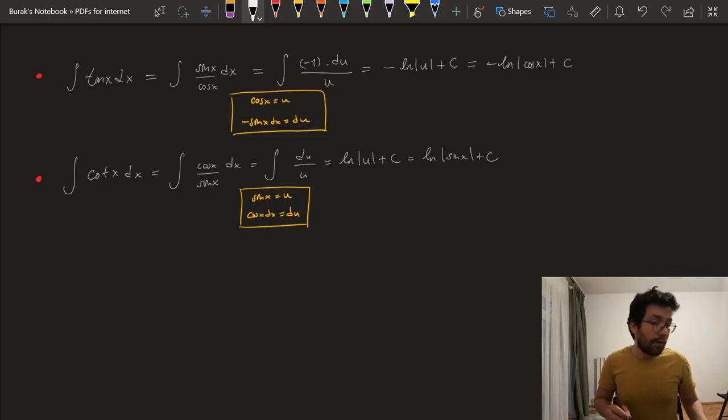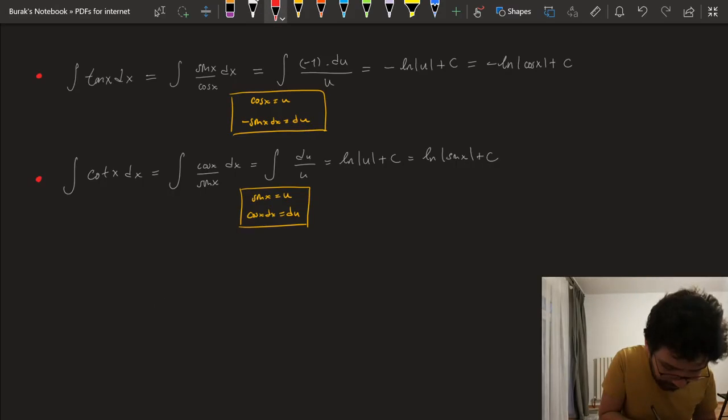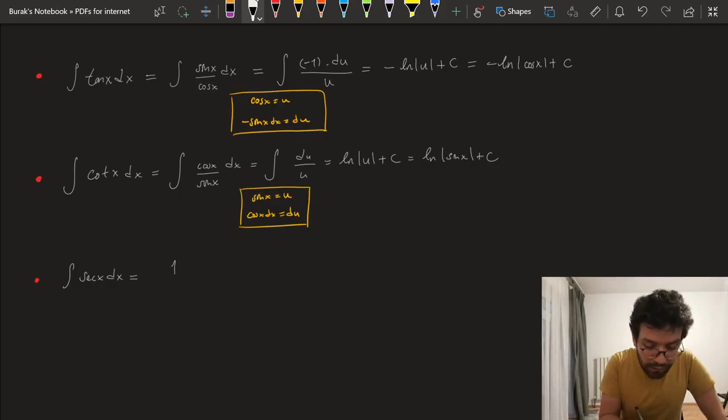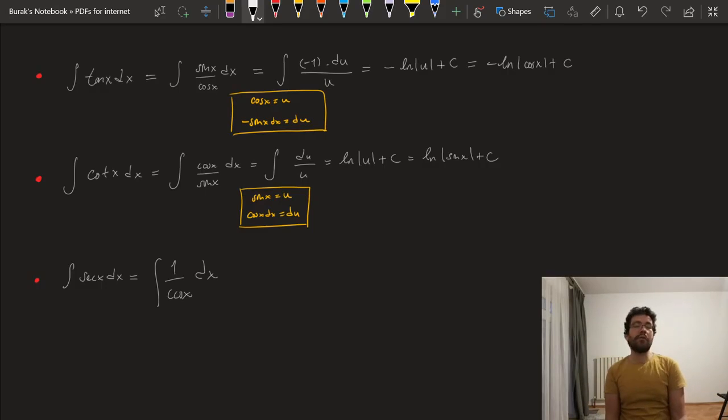Now, let me also show you the indefinite integral of secant. This one is actually not that easy, which is why I'm doing it. I'm sorry, I said derivative. Let me find the indefinite integral of a secant. Now, secant is 1 over cosine. So you may ask yourself the following question: what am I going to call u?